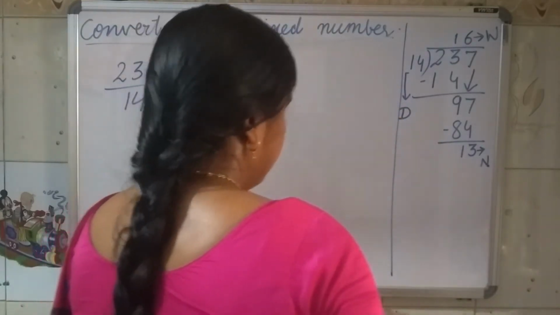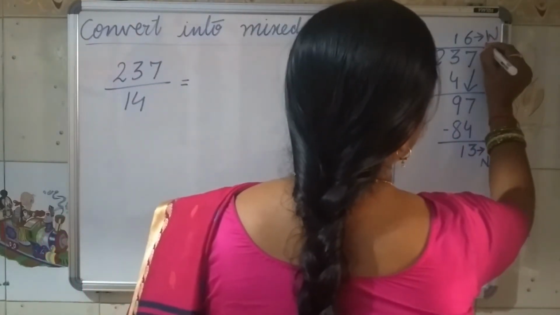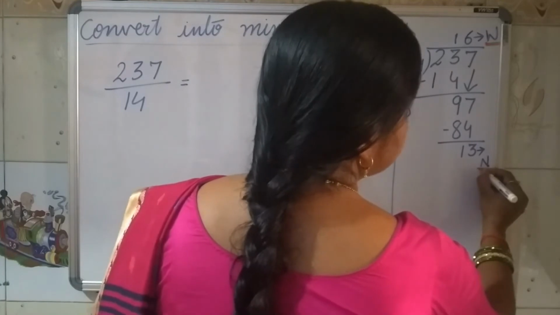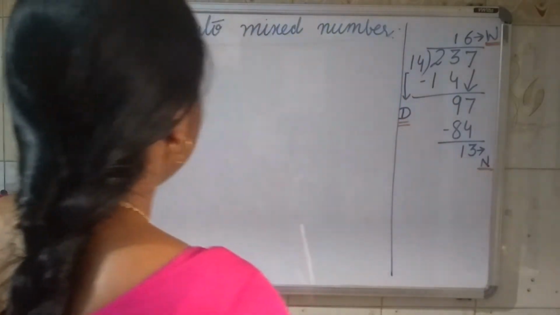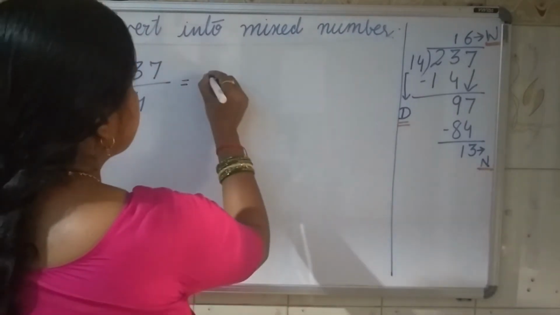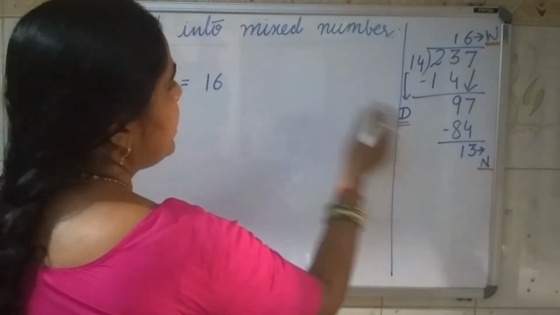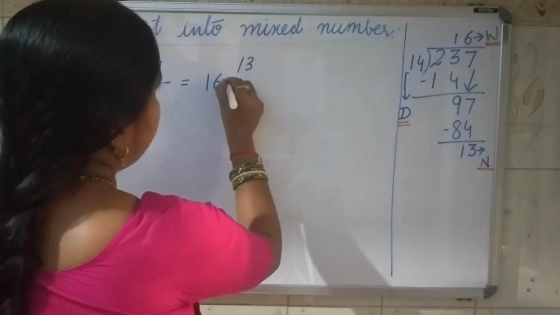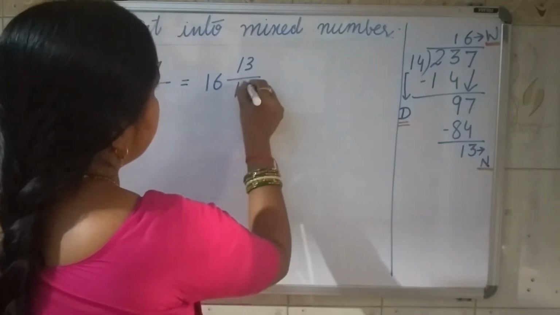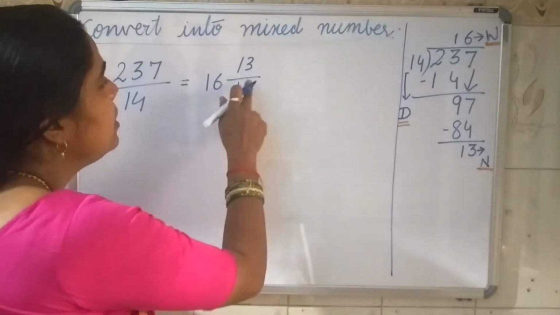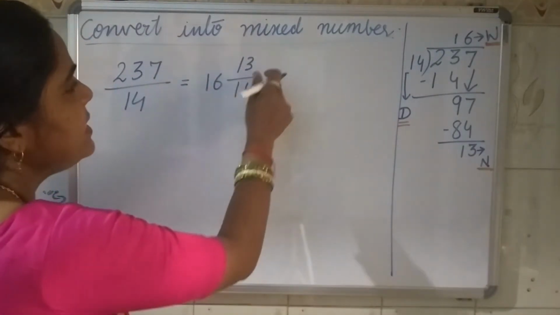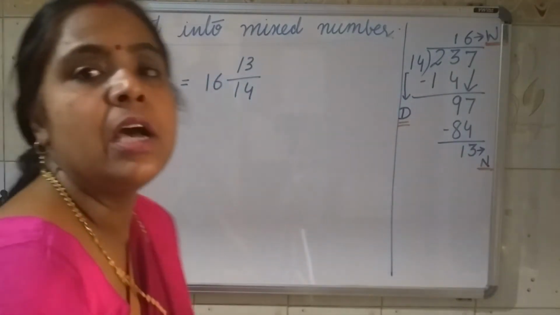I will underline it with a highlighter. So this is the whole number, this is the numerator, and this is the denominator. Okay, now we will write in this form. So whole number means 16, then numerator 13 upon this 14. So you see this line I have drawn in between: 13 upon 14 is a fractional number, and this 16 is a whole number.